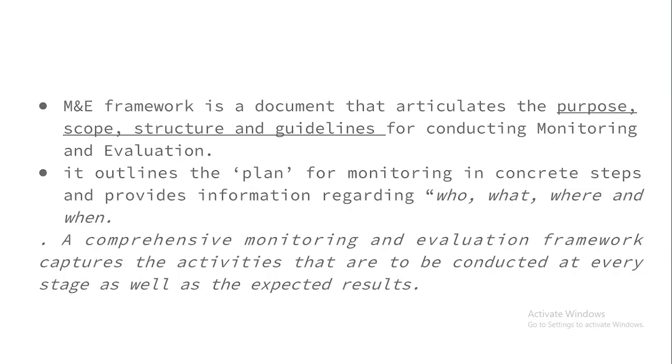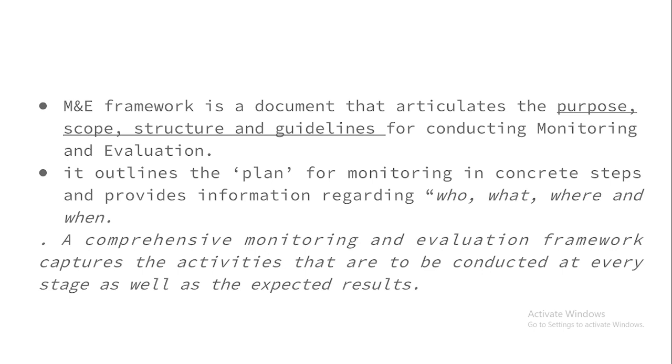So quickly, what is a monitoring and evaluation framework? An M&E framework is a document that articulates the purpose, scope, structure, and guidelines for conducting monitoring and evaluation. It outlines the plan for monitoring in concrete steps and also provides information regarding who, what, where, and when.